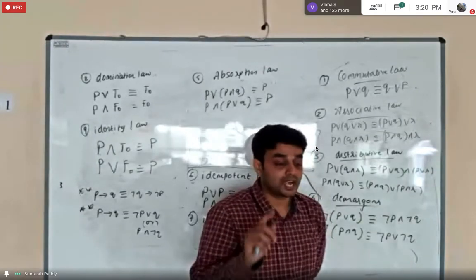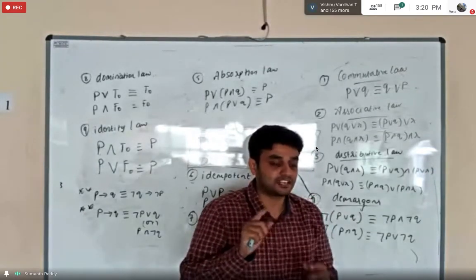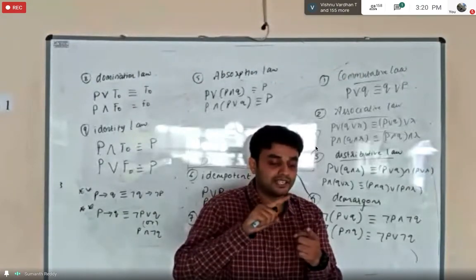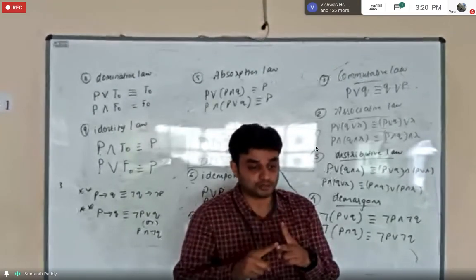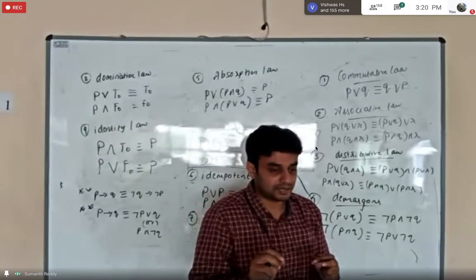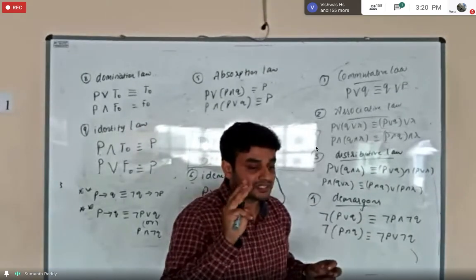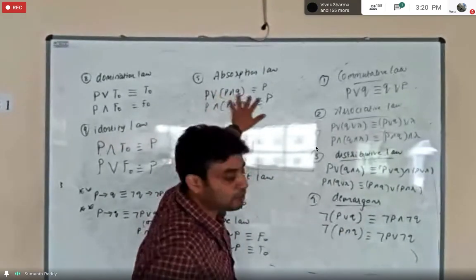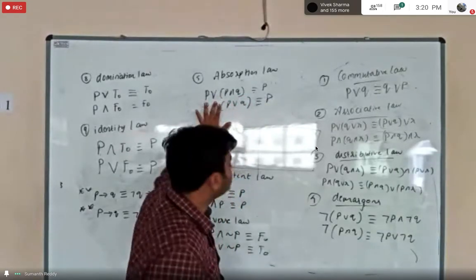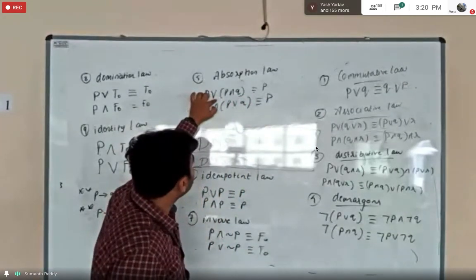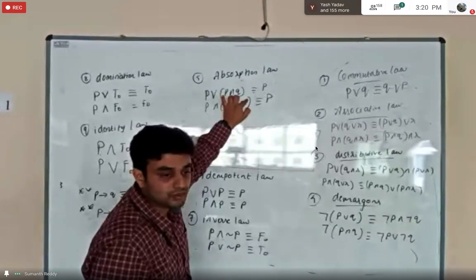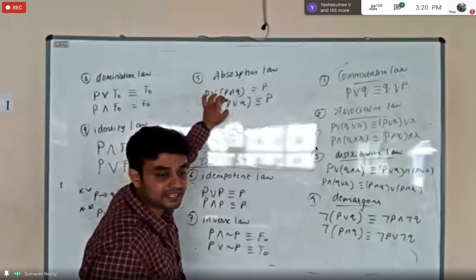Don't get confused. When the symbols are different, there will be confusion about whether to apply the distributive law or the absorption law. The trick is very simple. Out of the three propositions, if two are the same, as in P or (P and Q), here P has been repeated.